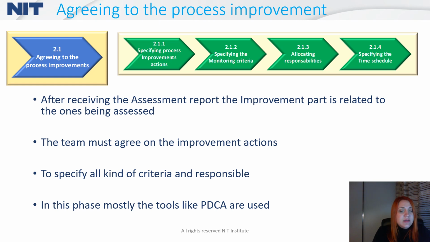Now it is time that internally the company should start agreeing on the improvement actions and which improvement actions are really important to be taken. Then specify the criteria and who the people are who will perform such an improvement. Of course, all those improvements must go through a tool like PDCA.